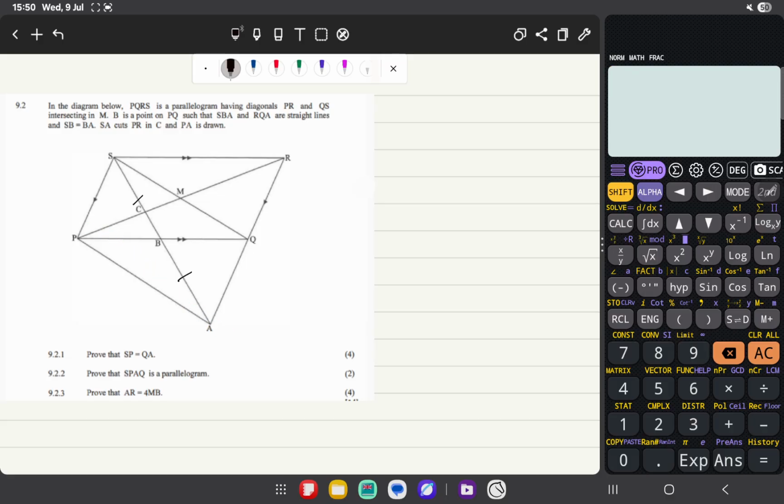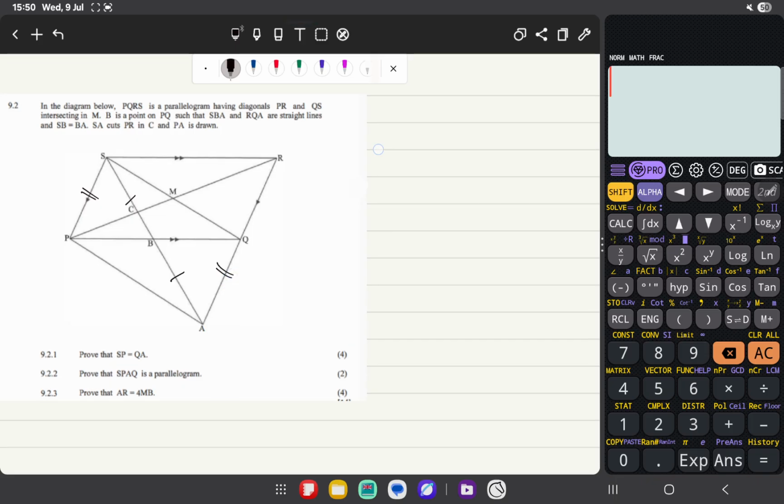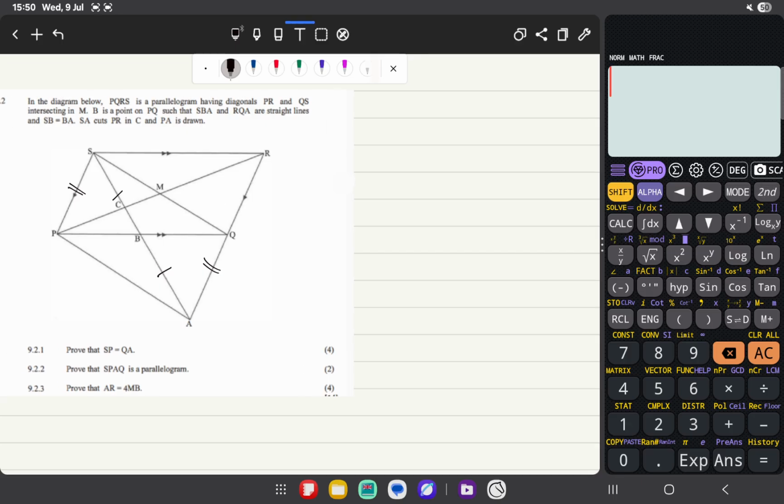Cool. Now the first thing to do is prove that SP equals QA. We are proving that this equals this. For this, let's focus on this triangle.